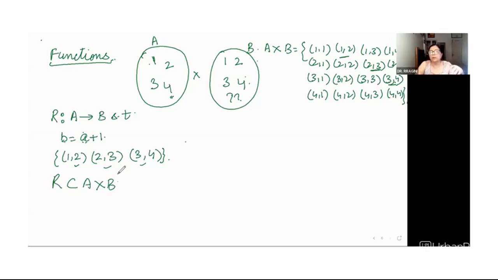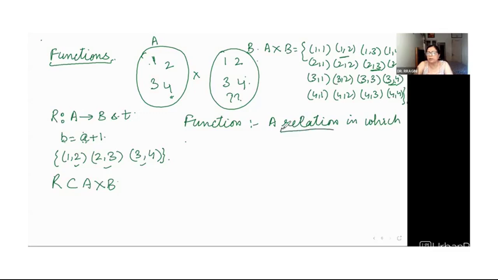Now how do we go to the concept of functions from here? R is a relation, or you can say it's a subset of A cross B. Now what is a function? Listen carefully because we have restrictions here. A function is a relation in which... see, when we define something, try to understand this very precisely.